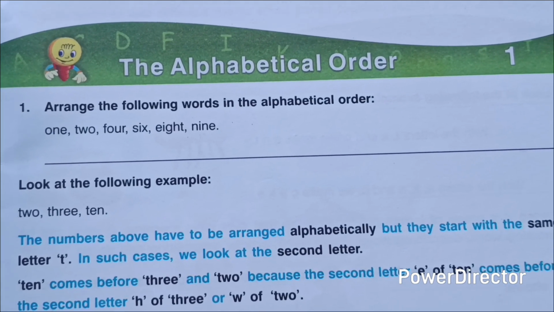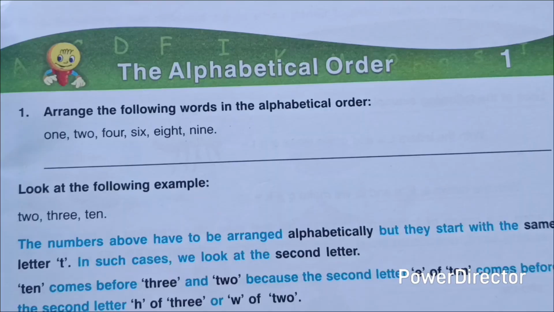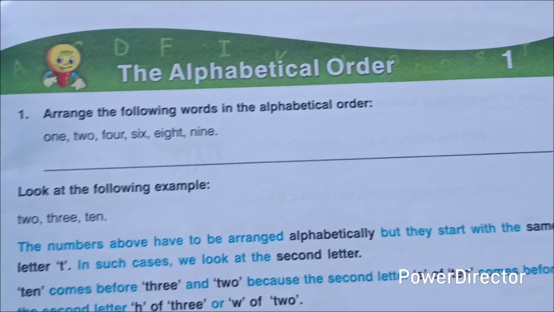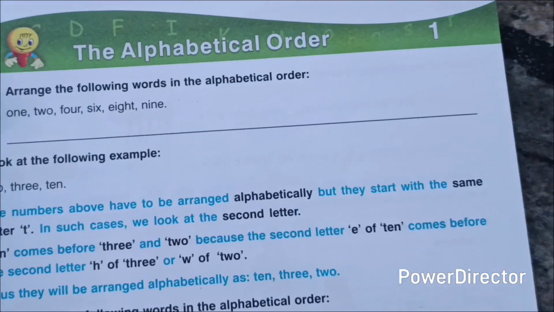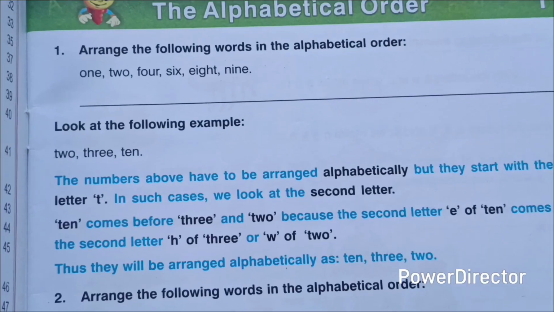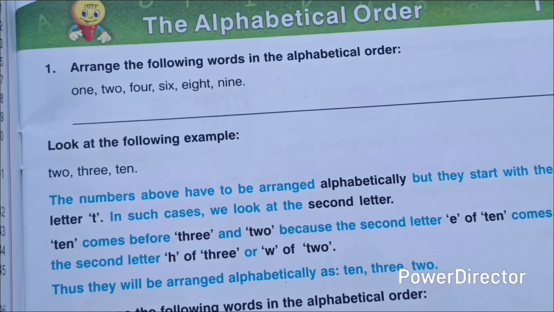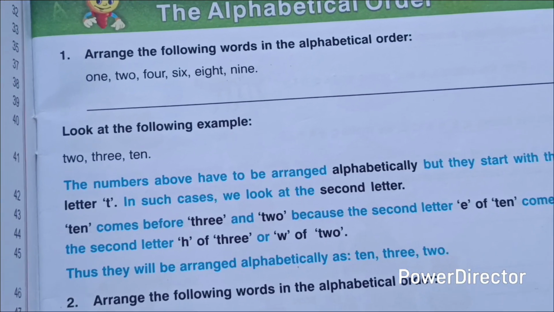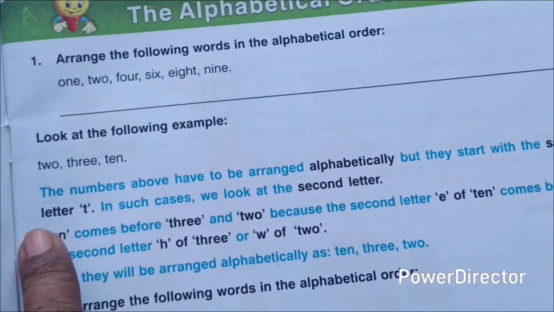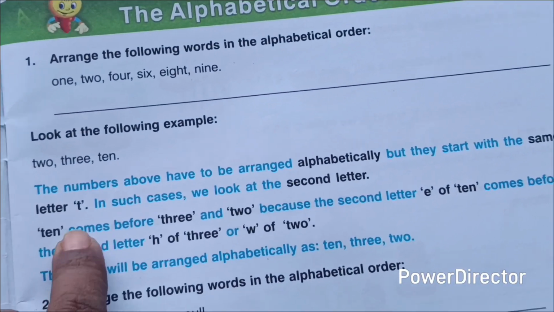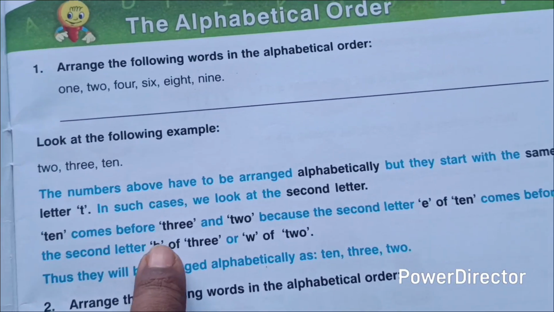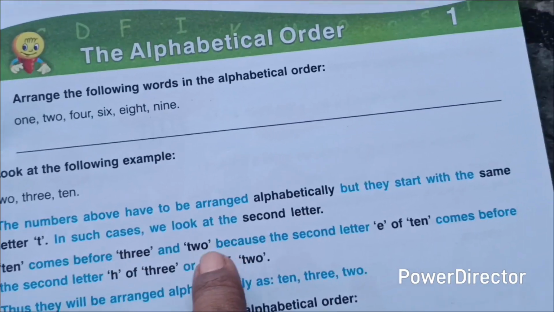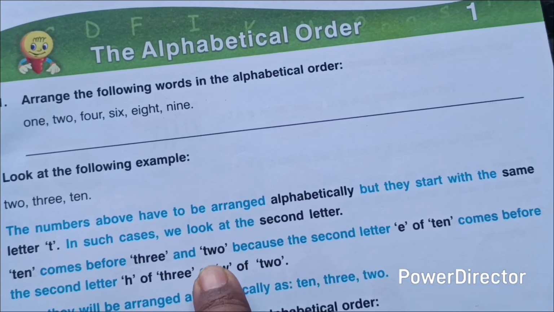10 comes before 3 and 2 because the second letter E of 10 comes before the second letter H of 3 or W of 2. So here in 10, E is the second letter, in 3 H is the second letter, in 2 W is the second letter.